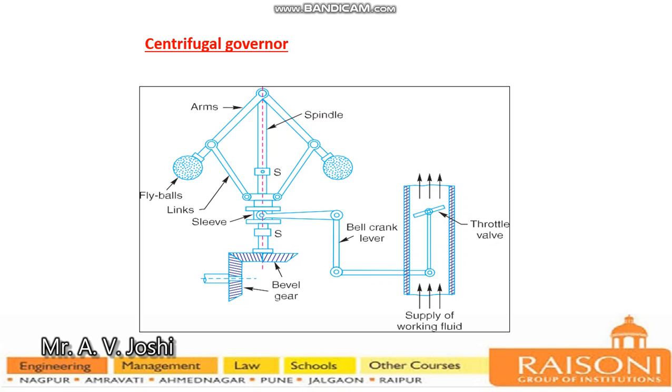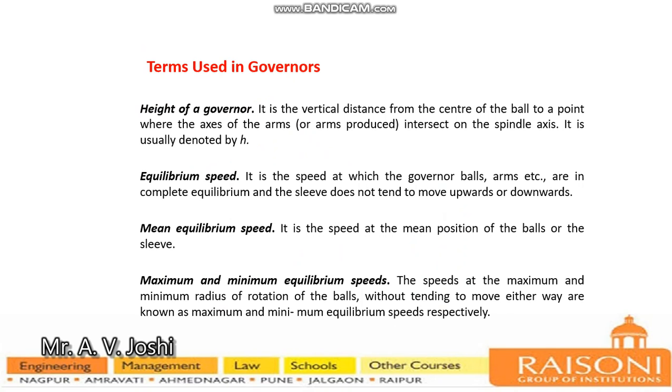The balls revolve with a spindle which is driven by the engine through the bevel gear, so that the balls may rise up or fall down as they revolve about the vertical axis. The arms are connected by the links to a sleeve which is keyed to the spindle.